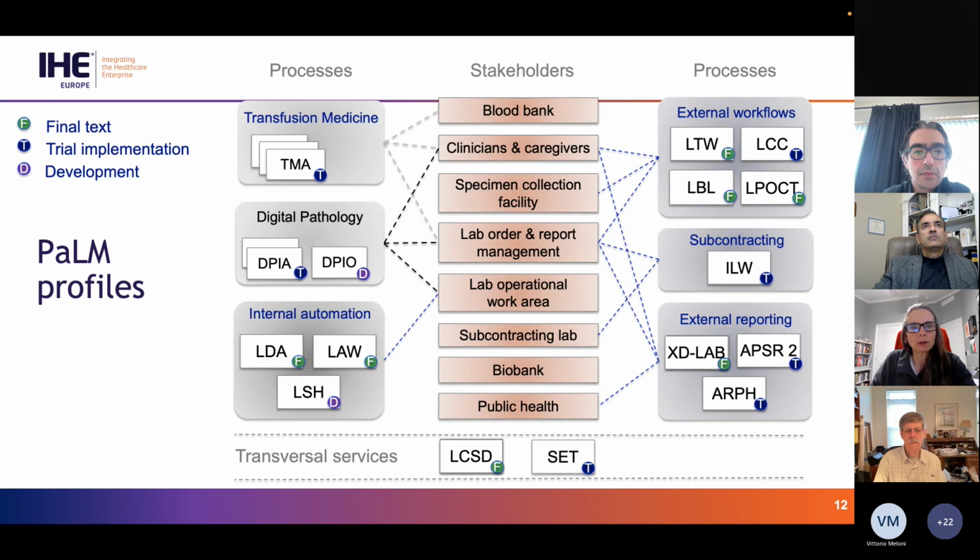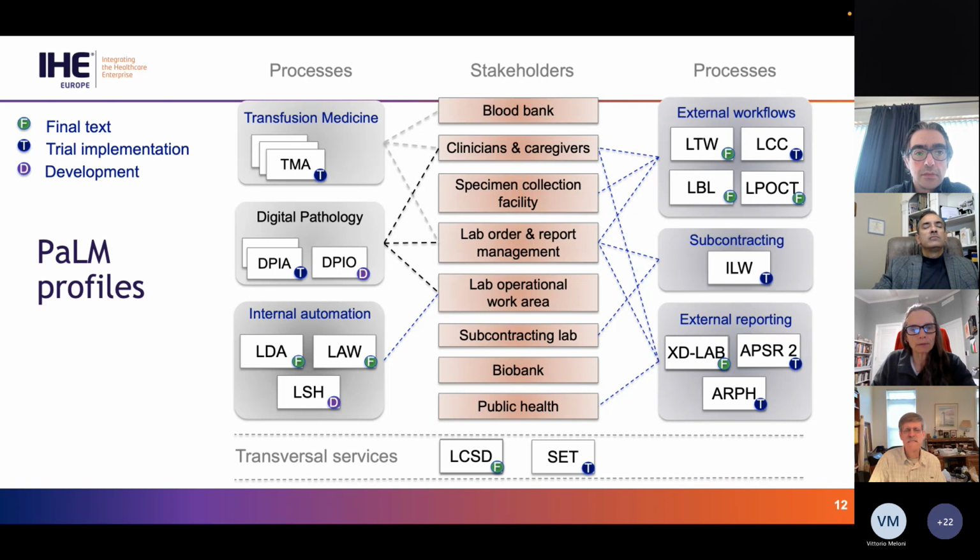So on the right hand side, we talked about the processes mostly with external partners, but there is internal automation on the bottom left here, which the LDA is the automation profile. So setting up your tests, the pre-analytical workflow is the LAW. So this is ordering your tests on the instrument itself.